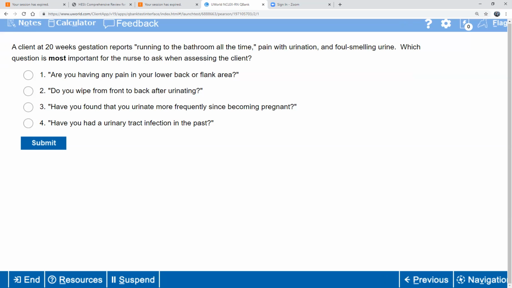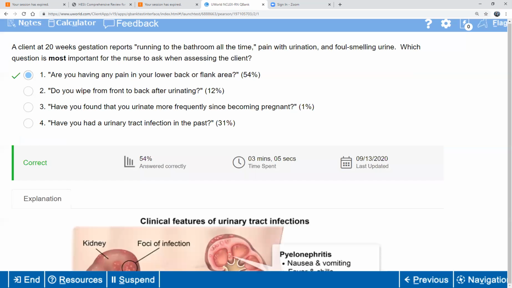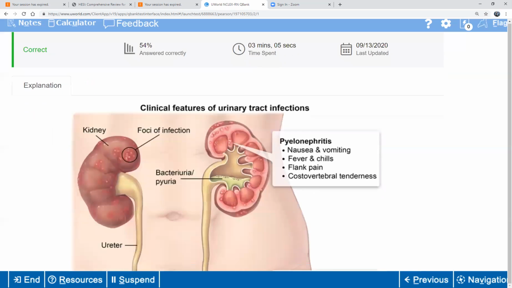And 4, we might want to know about, but it's going to tell us about history as opposed to what's happening right now. All right, so 1, I guess. So we're gonna go with 1. Good. Okay.